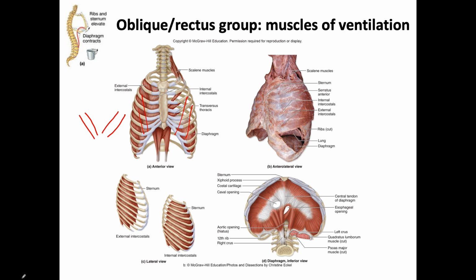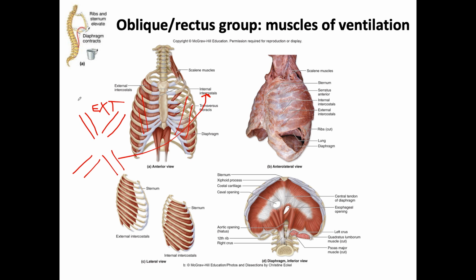Okay? And then we have the internal intercostals that you can see the orientation of those oblique fibers running the other way. So these make an upside down V. So these are your external, and then these are your internal intercostals that are deeper to the external, obviously.